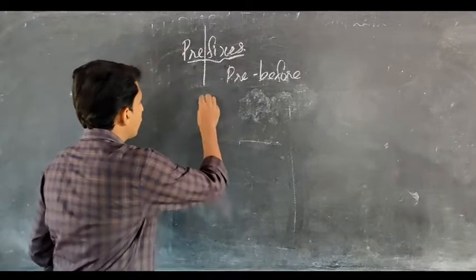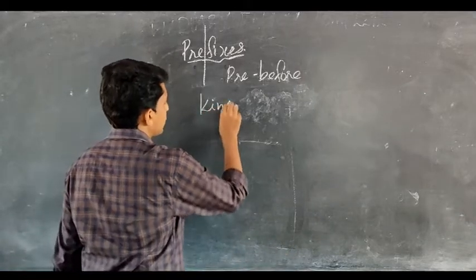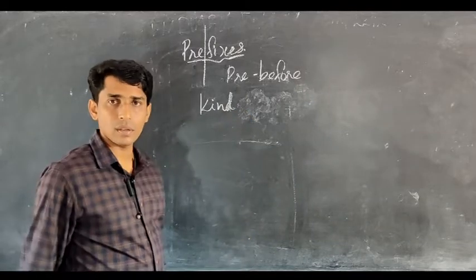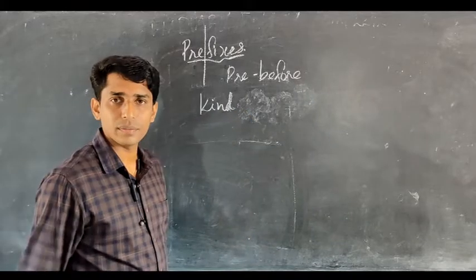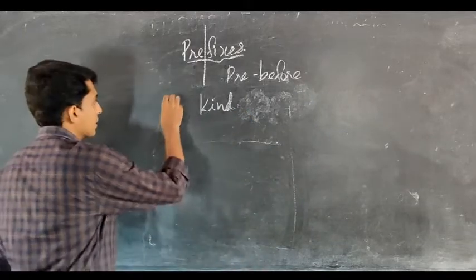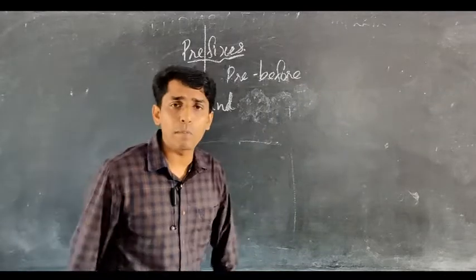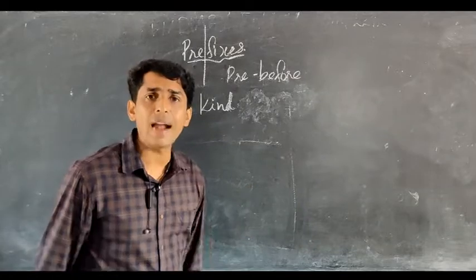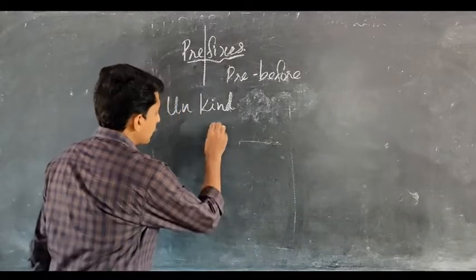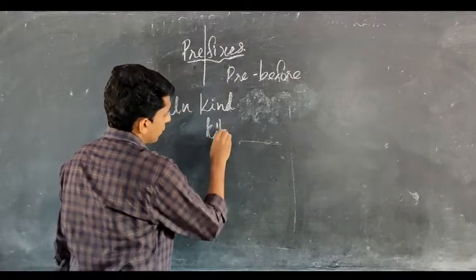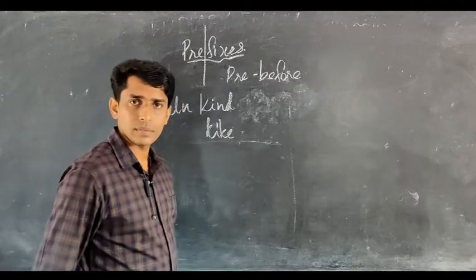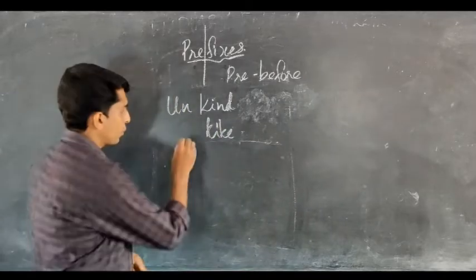Just take the word kind. You can fix something like un before that, and you will get the opposite. What is the word? Unkind. You take the word like, and you can fix something before this.